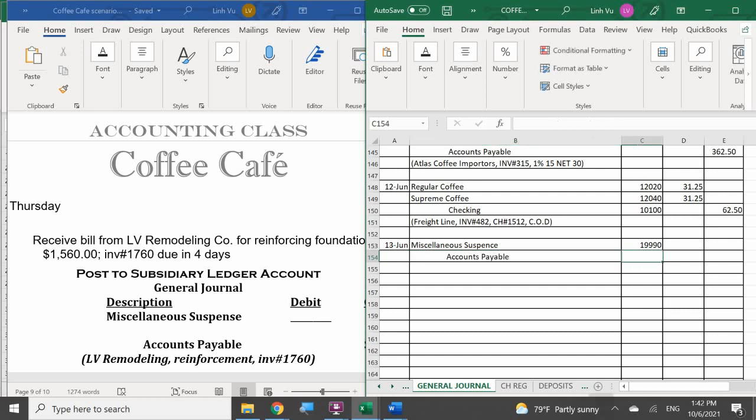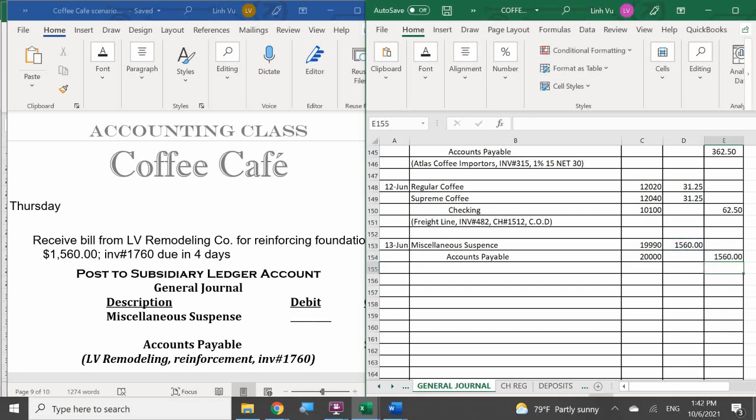Now, how much was the total amount for my electrical wiring? The foundation, 1,560. Okay, so that's how much I'm going to put into my miscellaneous expense, and that is how much I owe.